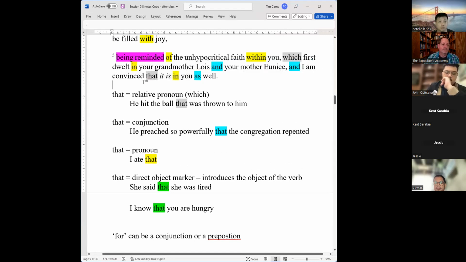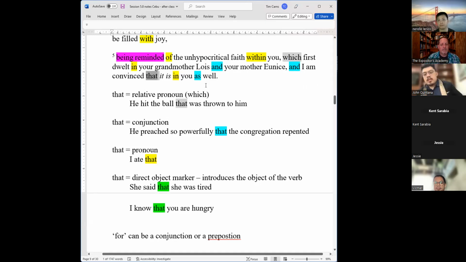That it is in you. Now, you can check to see how it's working here. Is it a relative pronoun? The way I check that is I just put the word "which" in and see if it makes sense. "I am convinced which it is in you." Does that make sense? No, we don't see that used that way in English. So it's not a relative pronoun.